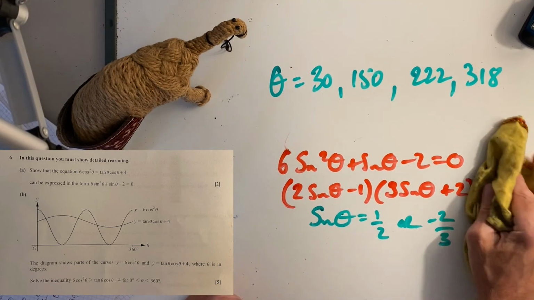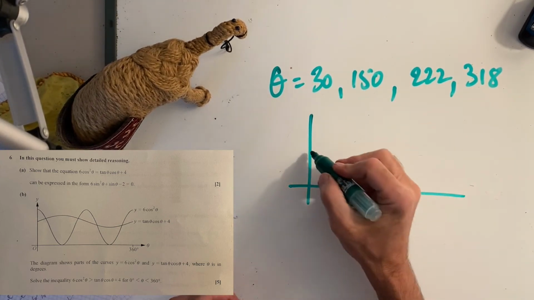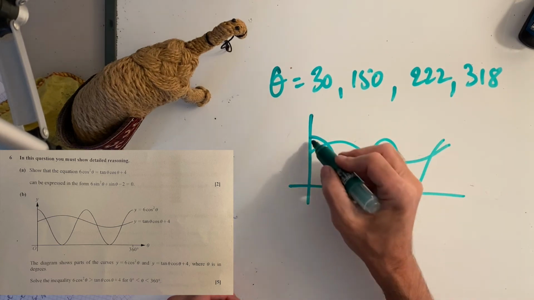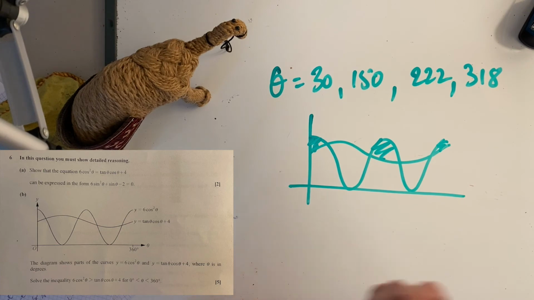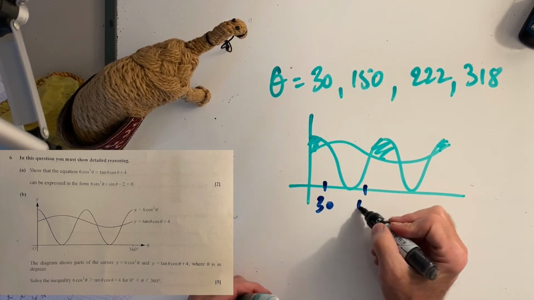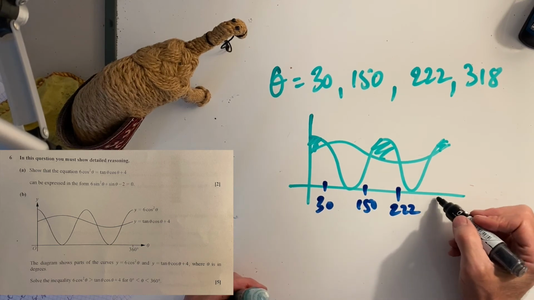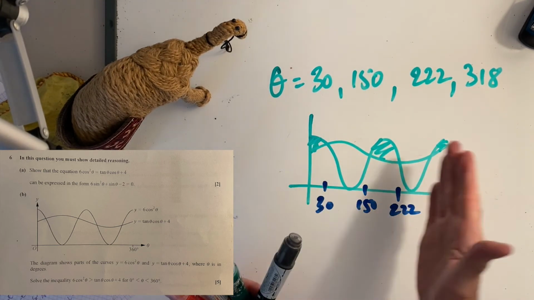And so there are our 3 markers. And so remember on our diagram, what we had, like that. So we can say that that is going to be 30 is there, 150, 222, and 318. It's surprising how rough you can do it, but how accurate it actually looks.